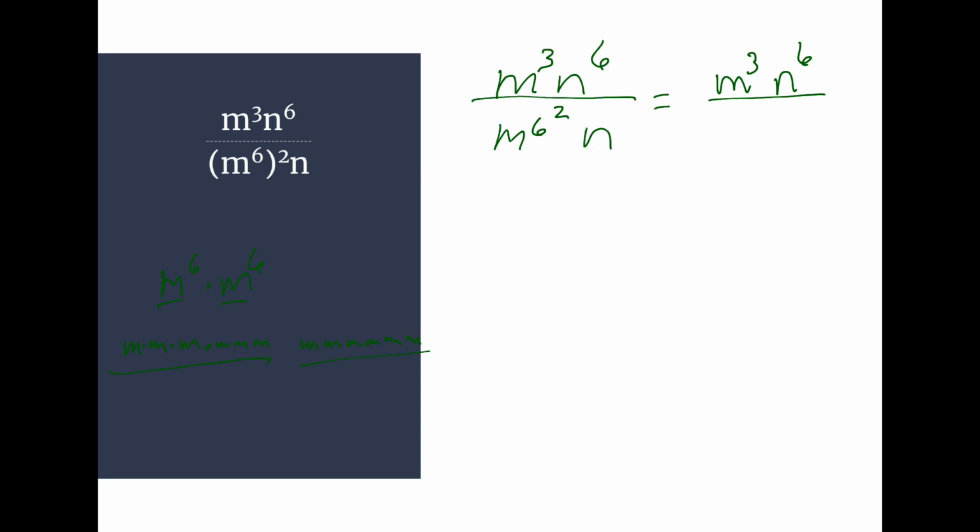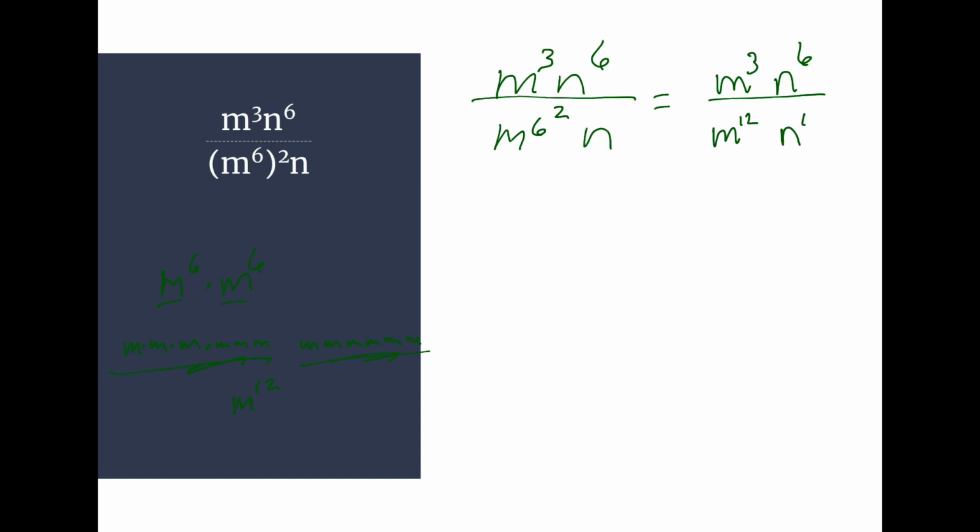So we have 6 m's here and 6 m's here for a grand total of 12 m's. So m to the 12 and n. Remember, anytime there's no exponent, there's always that invisible exponent that says we're working with n to the first, something to the first power.